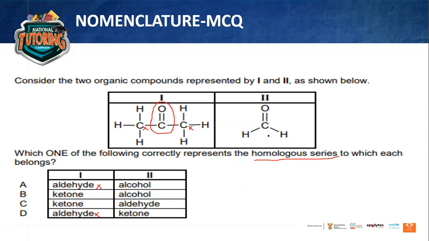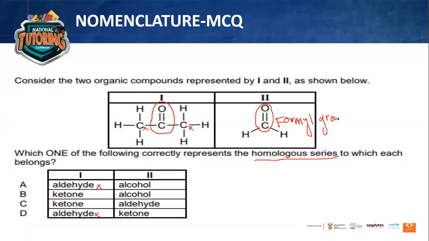Then I go to molecule number 2. What I see is carbon double bond oxygen, and it's only on one carbon atom. So this is the first carbon and the only carbon atom. And therefore this is our functional group, and we call it a formyl group.